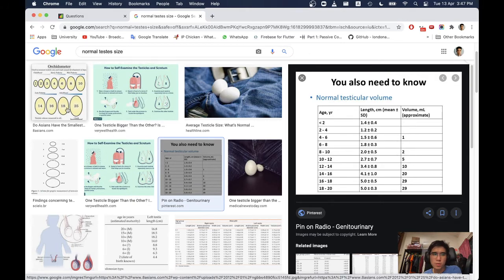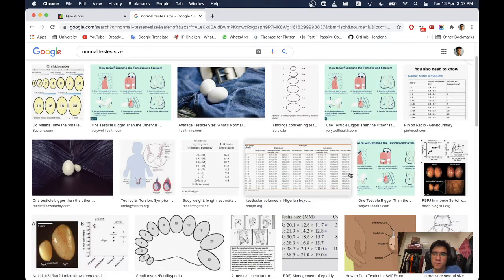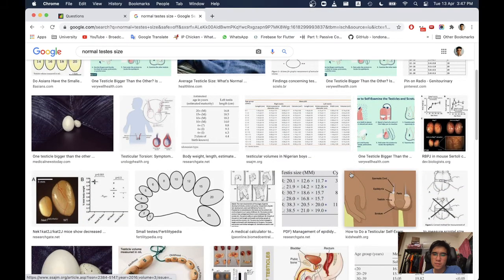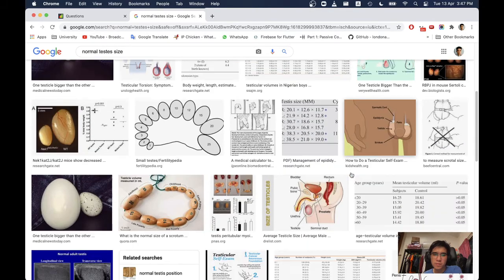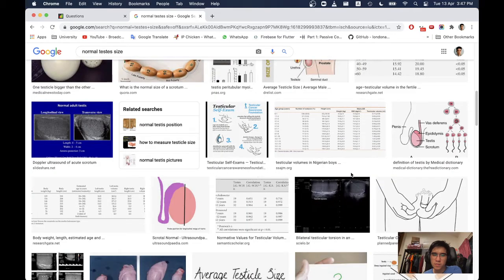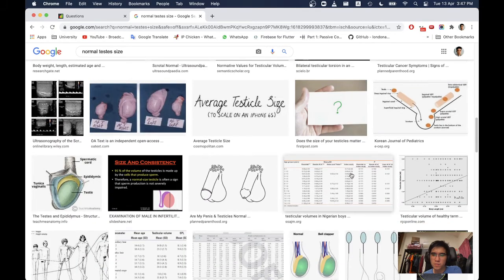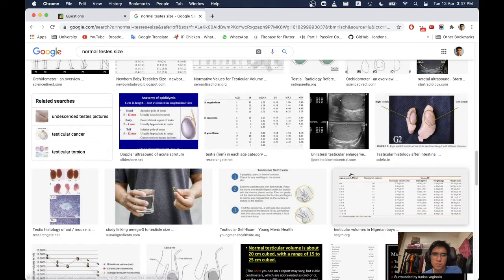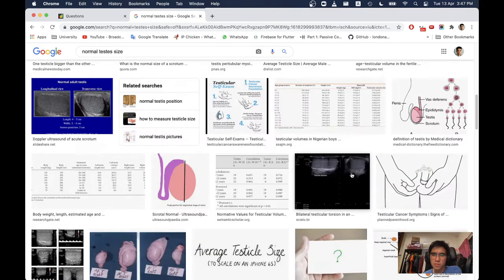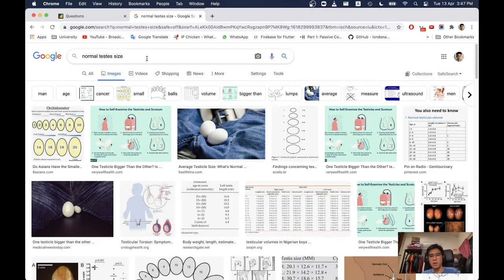So 1 ml, 2 ml, 5 ml, 10 ml, 20 ml, 25 ml. Tanner staging.